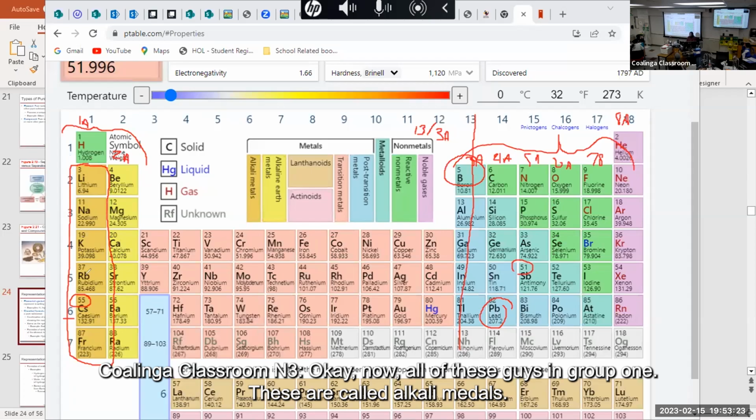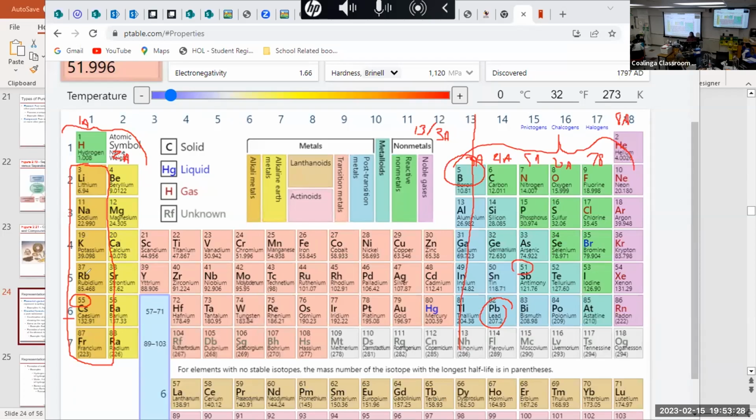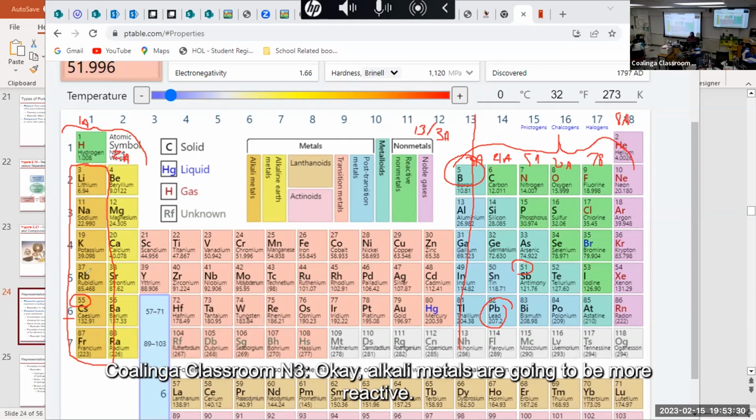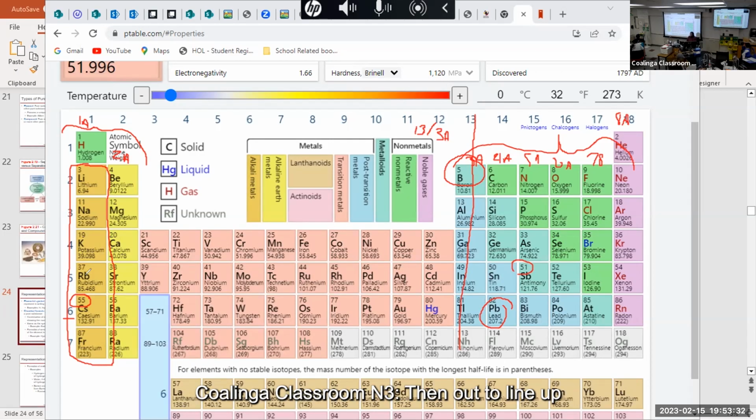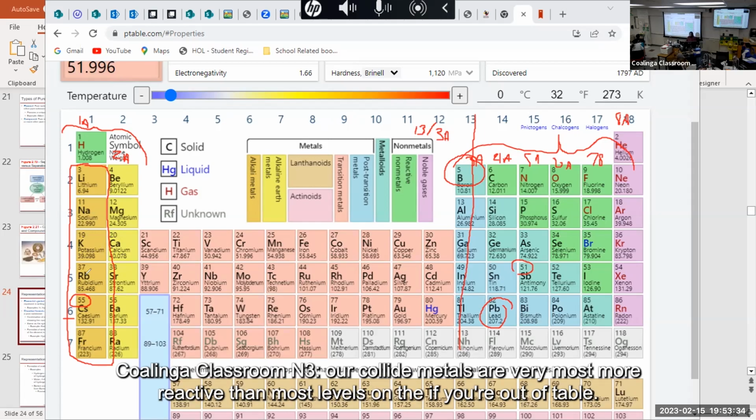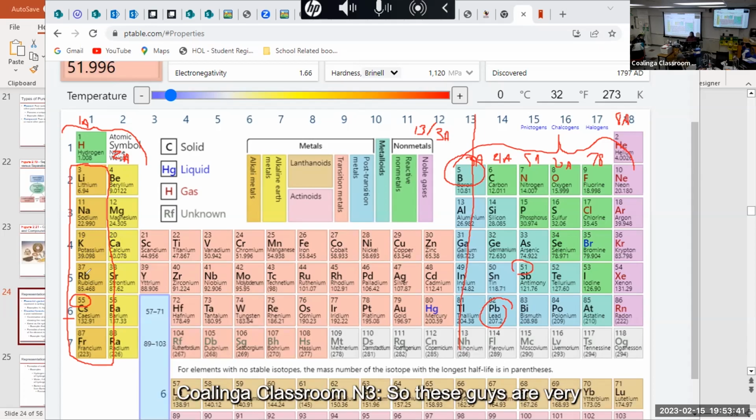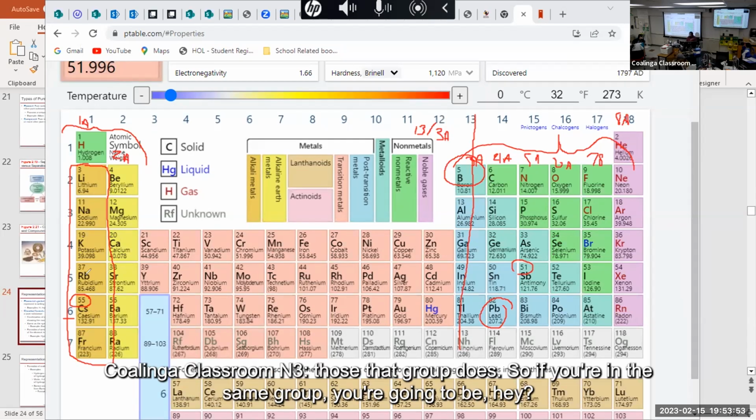All of these guys in group 1 are called alkali metals. Alkali metals are going to be more reactive than most metals on the periodic table. So these guys are very volatile, very reactive, and we'll talk about why that's the case. They behave very similarly. If you're in the same group, you're going to behave similarly.